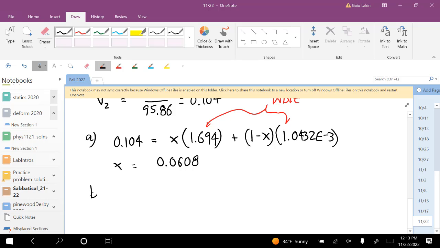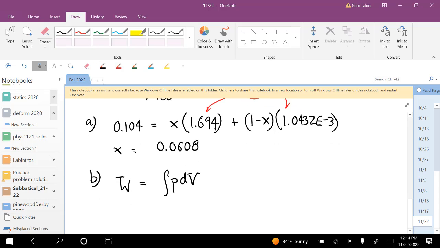And then for the second part, the work. Actually, a lot of people calculated the work by trying to set up a first law equation, but there's heat transfer and you don't know what the heat transfer is, and so you really can't do it that way. I don't know, maybe half the people started that direction. What you've got to do is you have everything you need to just calculate this integral. The pressure is constant.